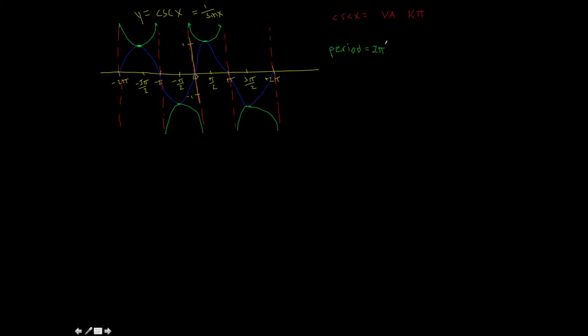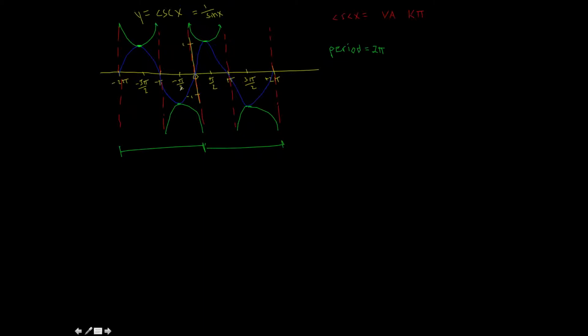So notice we go through this whole thing here before we repeat again. Then we go through the whole thing one more time. So the period here is actually from 0 to 2 pi, from negative 2 pi to 0. So our period is actually the length of 2 pi. That would be the period for this particular function.